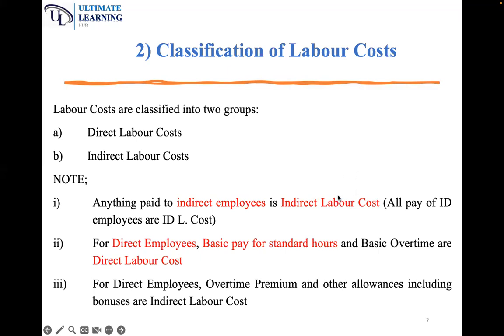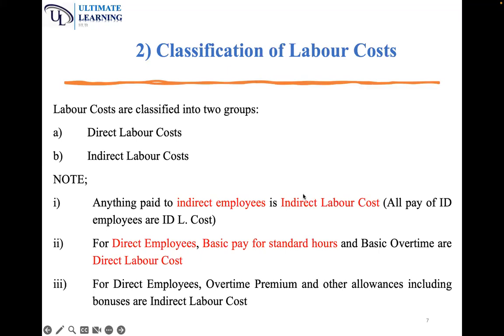There are two employees, Joseph and Andrew. Joseph is direct, Andrew is indirect. Anything paid to Andrew as an indirect employee will be indirect labor costs. So anything paid to indirect employees is classified as indirect labor cost.